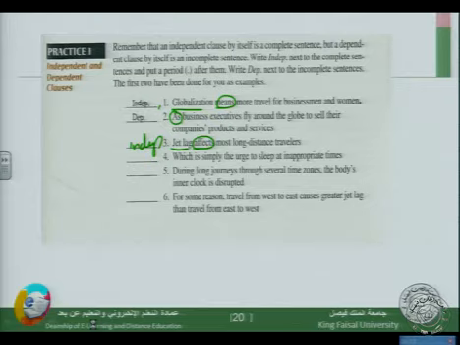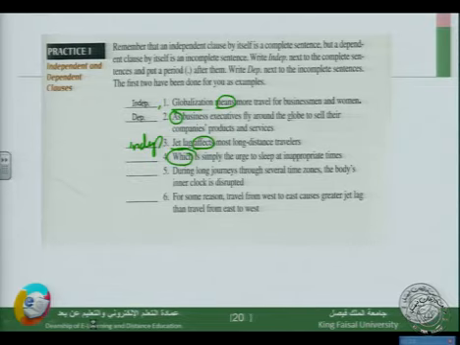Number four, which is simply the urge to sleep at inappropriate times. This is dependent because it starts with a subordinator. هذه الجملة incomplete.